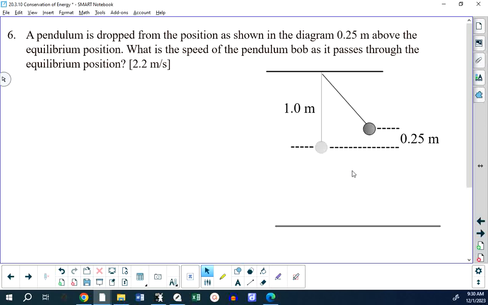It says 0.25 meters above the equilibrium position. And the question is, what is the speed of the bob as it passes through the equilibrium position, which is the lowest point? Now, by the way, we happen to know the length of the pendulum is 1 meter. Do you know how high this is above the floor?